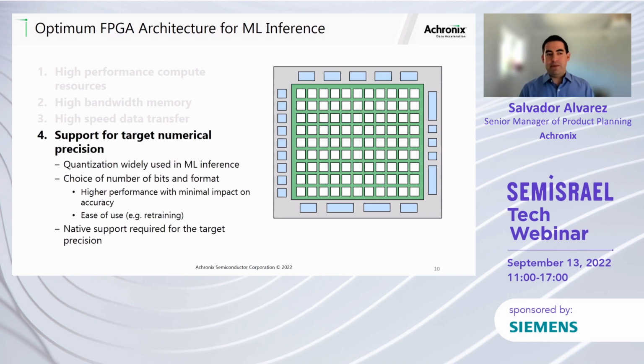And lastly, we need support for various numerical precisions. Although machine learning training is usually done at floating point 32-bit precision, when it comes to inference, there are more suitable formats.